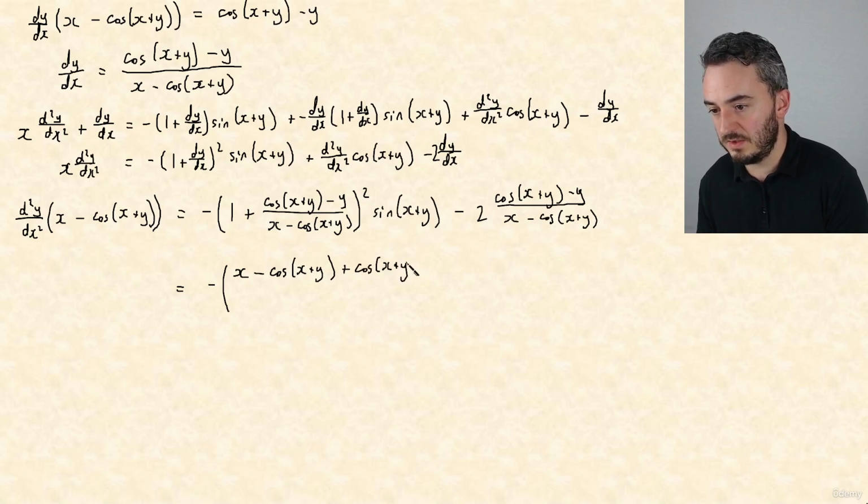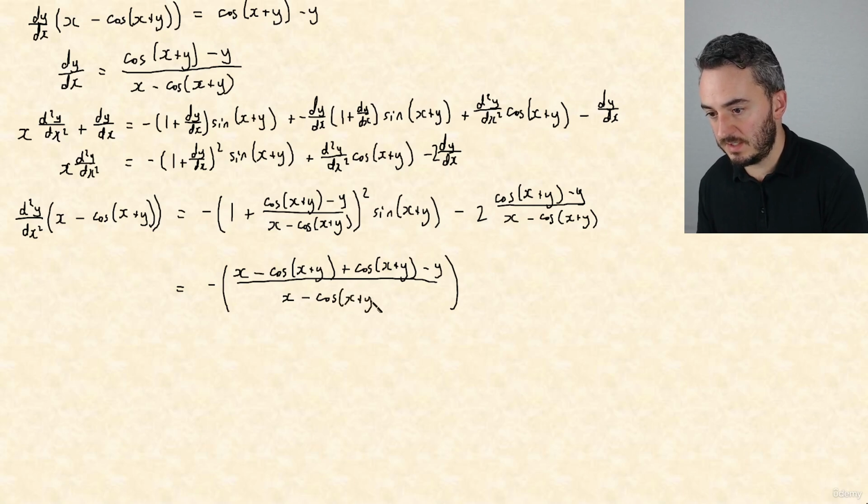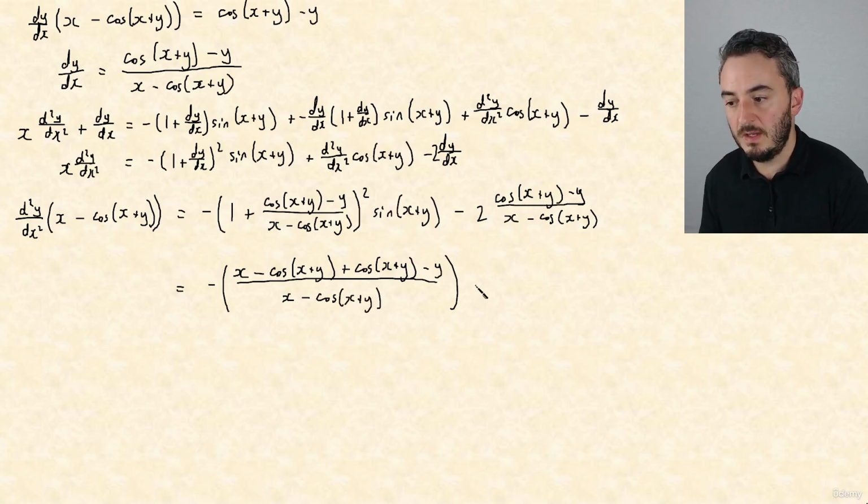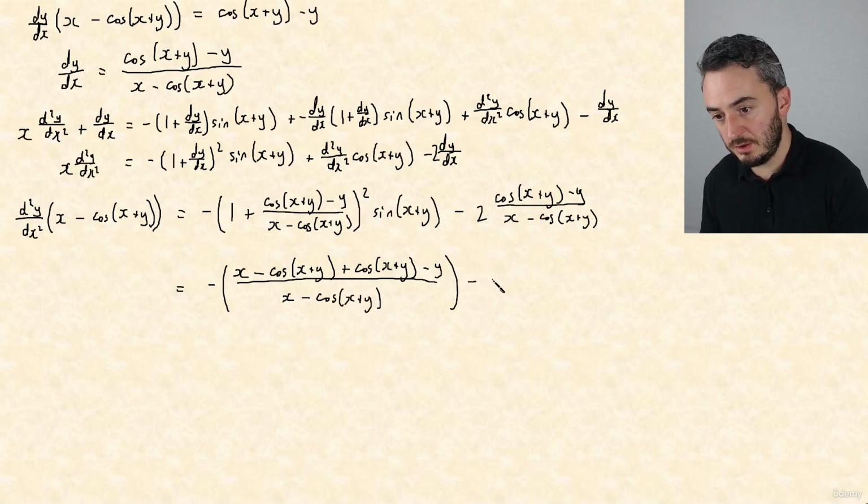That's good, that's going to cancel. Minus y, and all over x minus cos(x+y). That's going to simplify there. And here it's minus 2, all of that squared, and times sin(x+y).